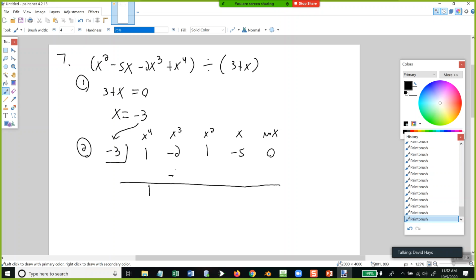Add, multiply, add, multiply, add, multiply, add, multiply, and add. Again, that just narrows it down to basic math.